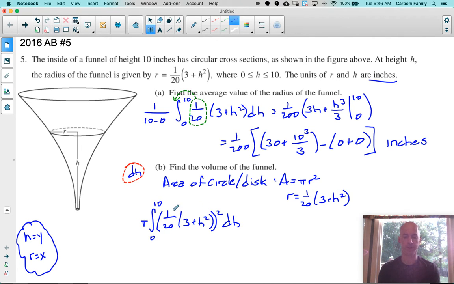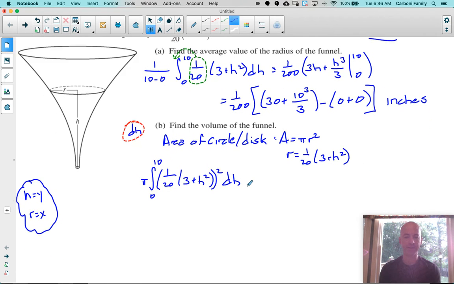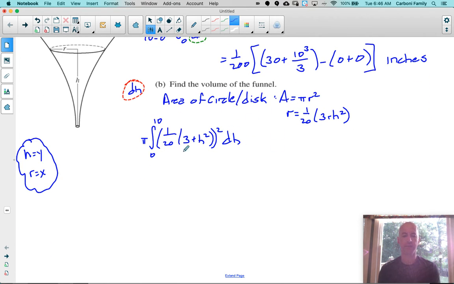So we do the antiderivative of the area formula, and so now we're going to work this antiderivative out. 1 over 20 squared is 1 over 400, and I'm going to pull that constant out, so I'm going to make that 1 over 400 times pi. And then I will need to square 3 plus h squared, so it's going to be 9 plus 6h squared plus h to the 4th, dh.